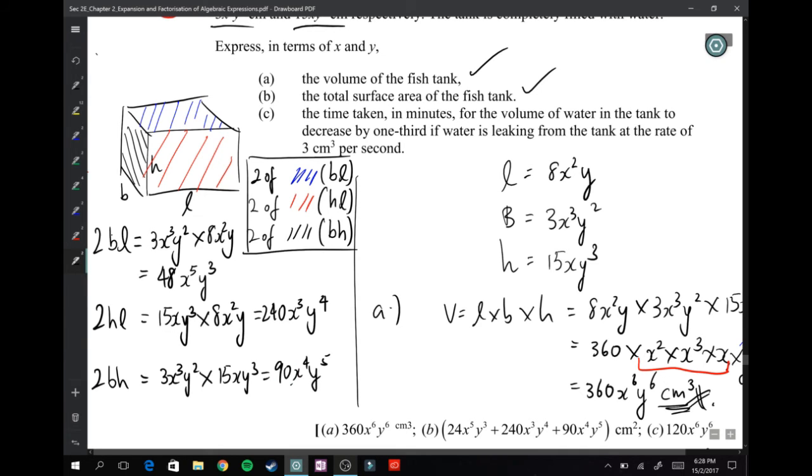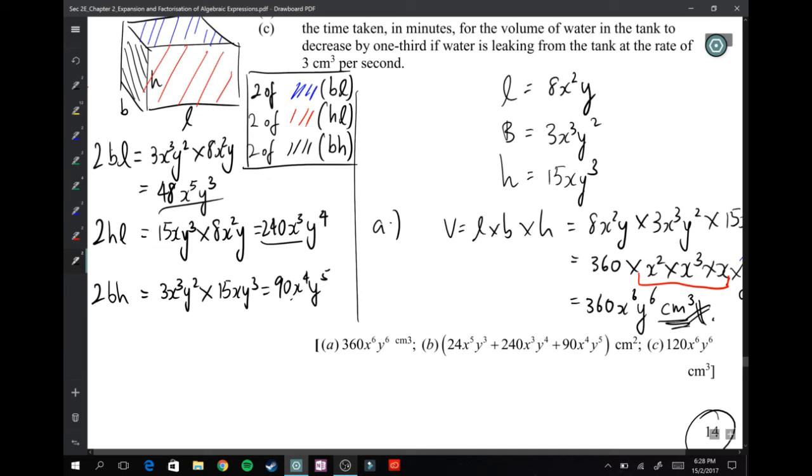Now finally we add these 3 values up. So you have 48 x^5 y cubed plus 240 x cubed y^4 plus 90 x^4 y^5. So this is your answer, but it'll be great if you can take out the common factor. You can do that on your own as self practice.